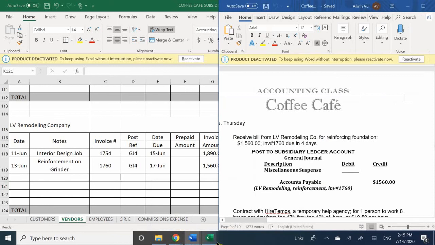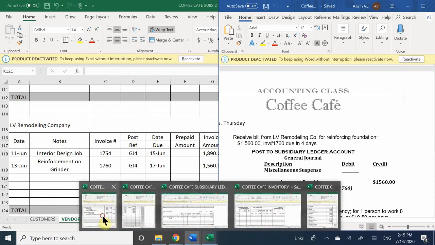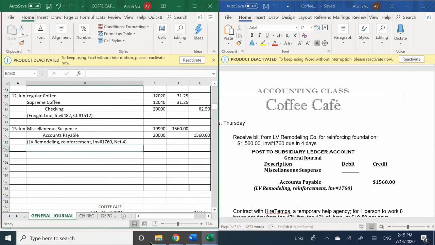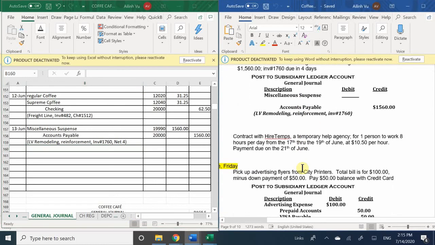So let's go ahead and pull up our journal and see what happened next. Okay. Now it says right here, contract with Higher Temps, a temporary help agency for one person to work 8 hours per day through the 17th all the way to the 19th.